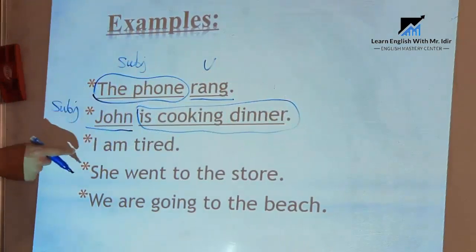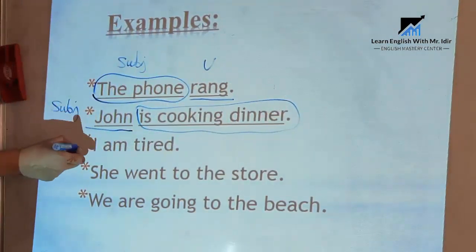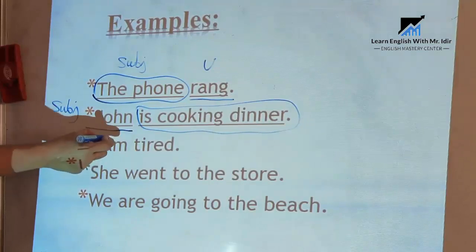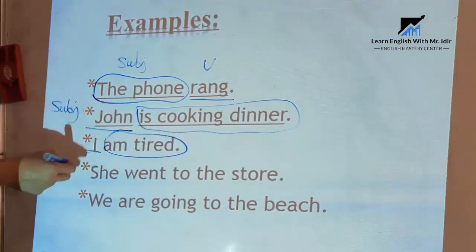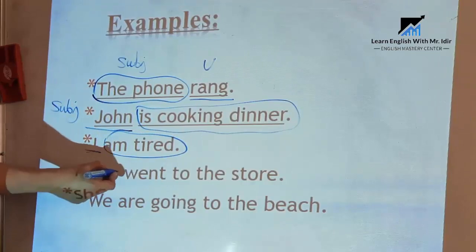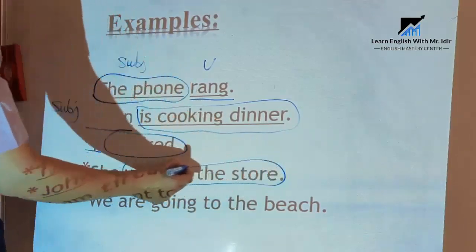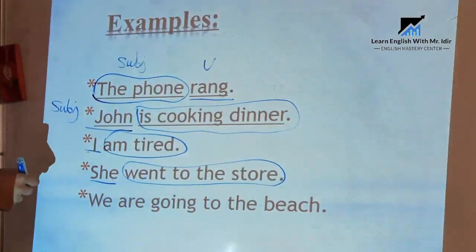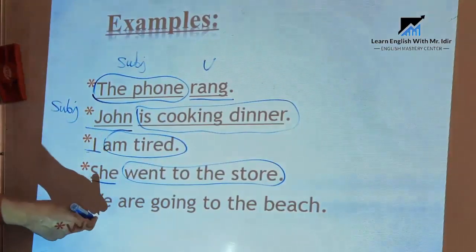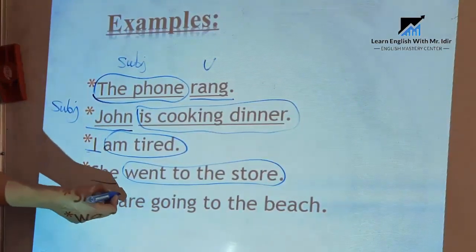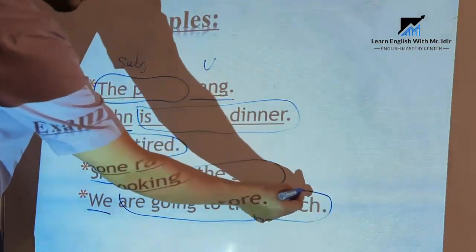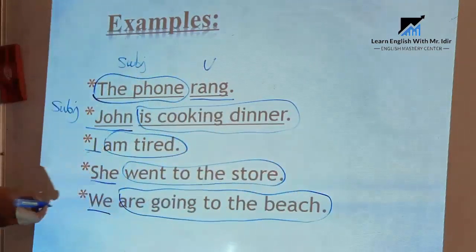I am tired. This is our subject, and this is our predicate. And this is the case for all the sentences here. She went to the store. We are going to the beach. We is the subject, and here is our predicate.